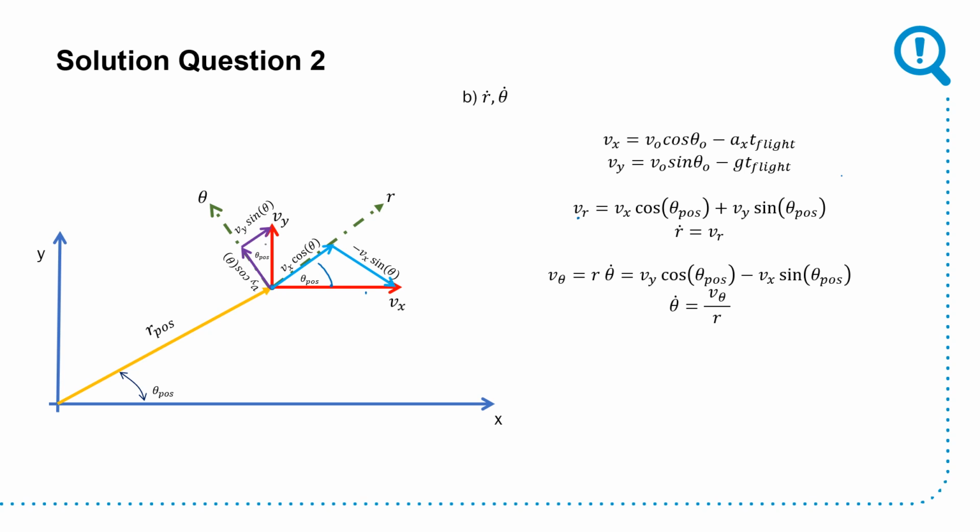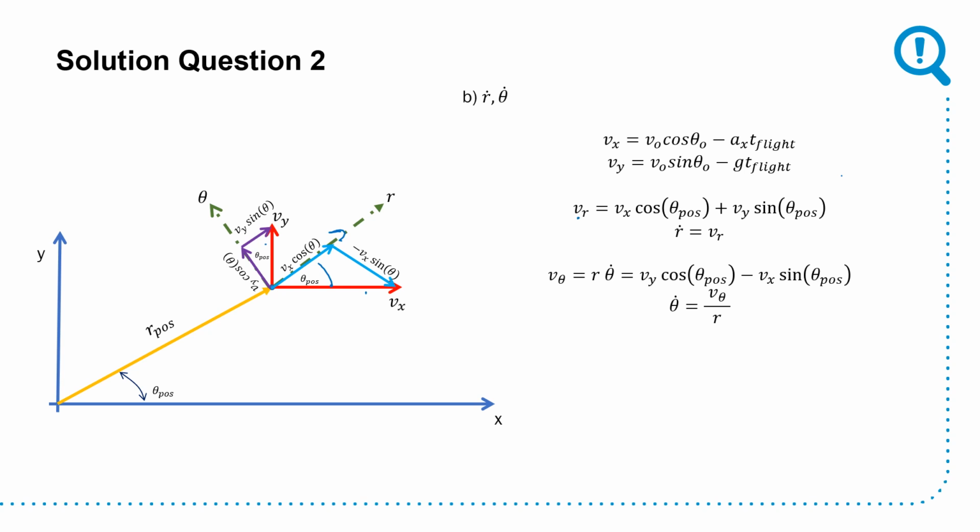It will have a component in y. Both of those will be acting in this positive r direction, so they're both positive values. V theta, on the other hand, is going to have a component of r theta dot, which is going to be Vy cos theta. So Vy is acting in the positive direction.